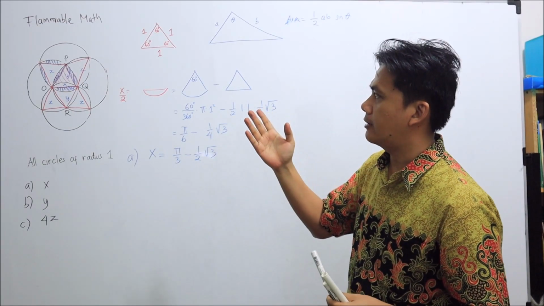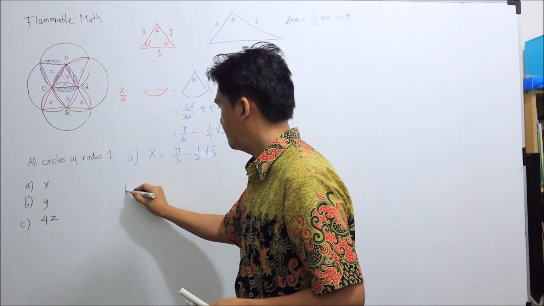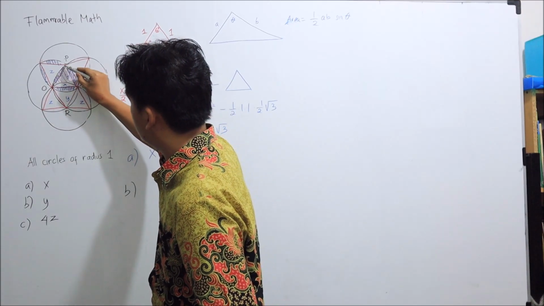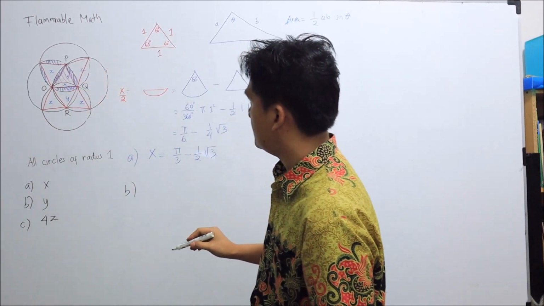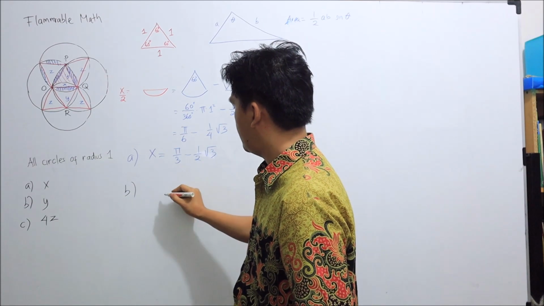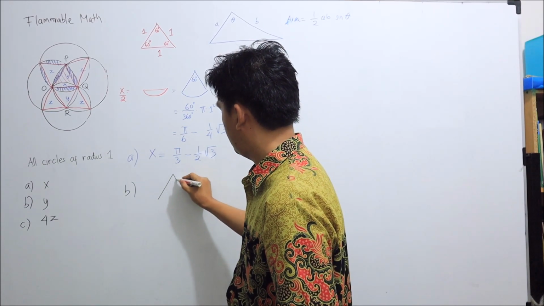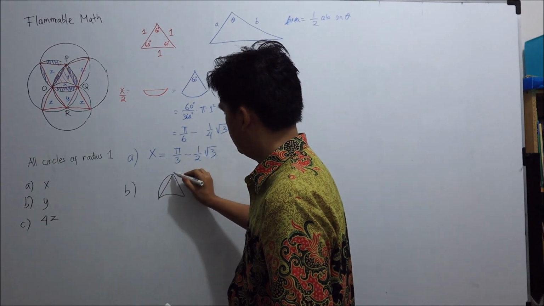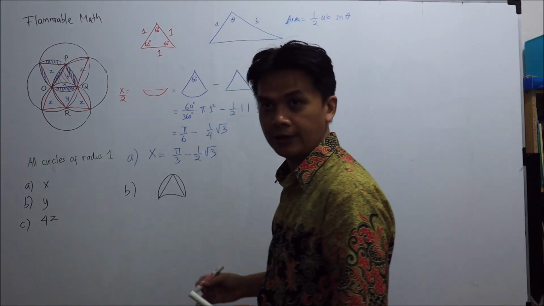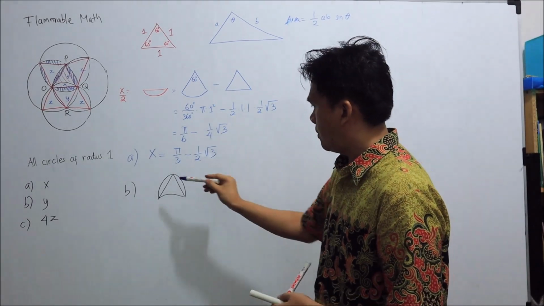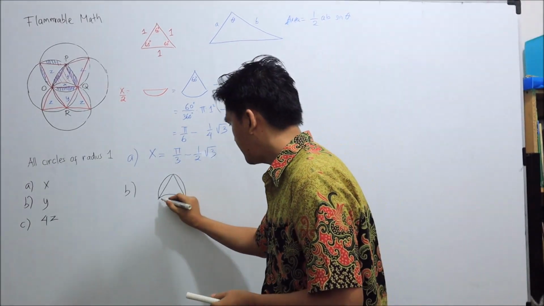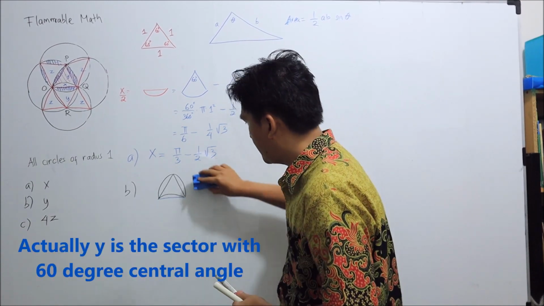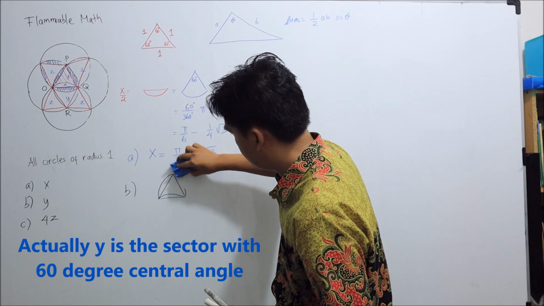Now let's compute the area of Y. Y is this shape. You can see that Y can be obtained from that shape plus that one, but one of them can fill in here. So basically Y is nothing but this thing.